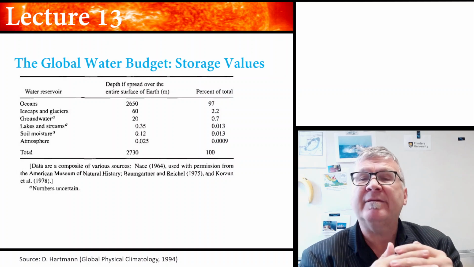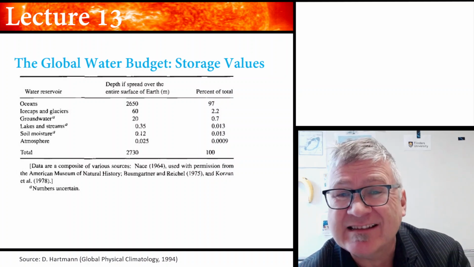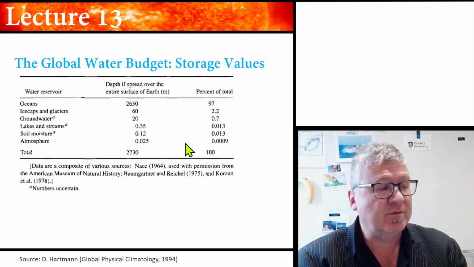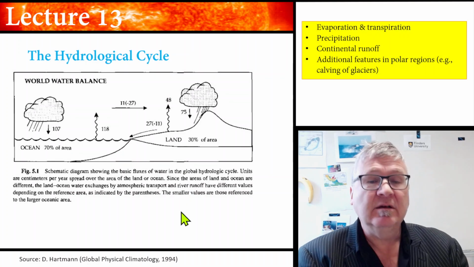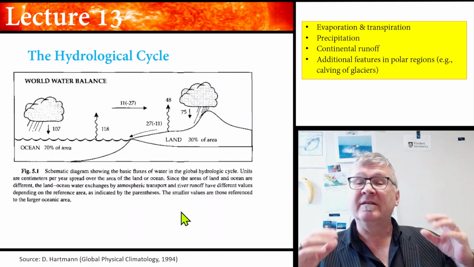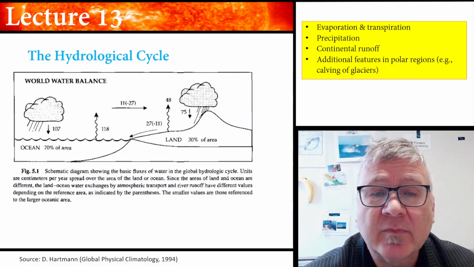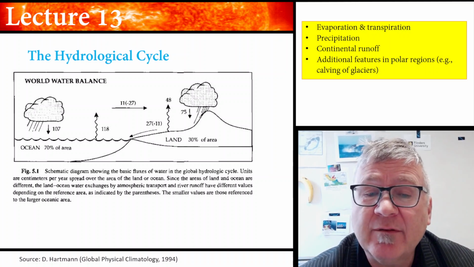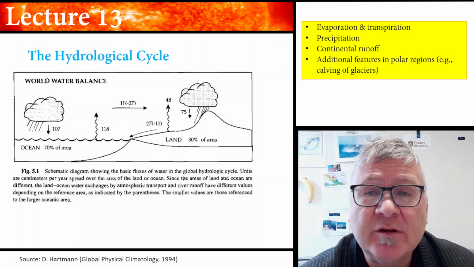Okay, so let's look at the fluxes, the key numbers in terms of the fluxes. This is what's shown in this sketch, and the sketch has two parts and the connection between these two parts.